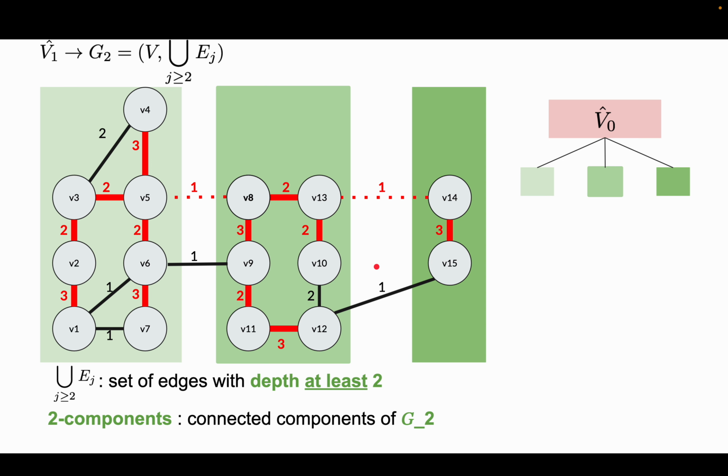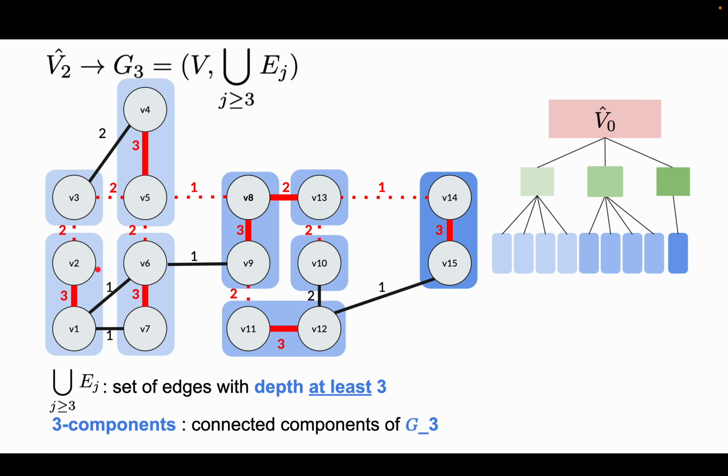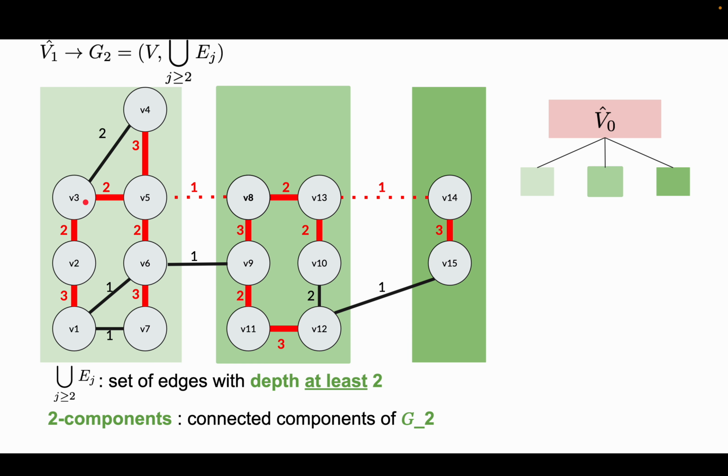Then you may ask, why do this edge and the other edge also have depth 1, but they are both included in the connected component? That's because when we are talking about connected components, we only consider edges that are part of the spanning tree. So in this case, you only need to look at the edges with the red color here.